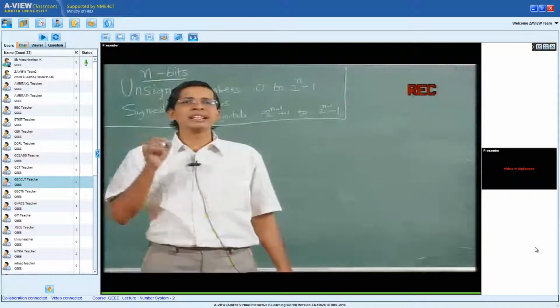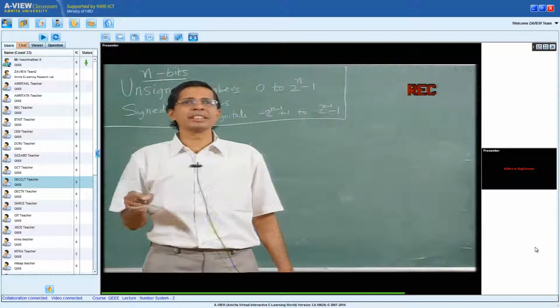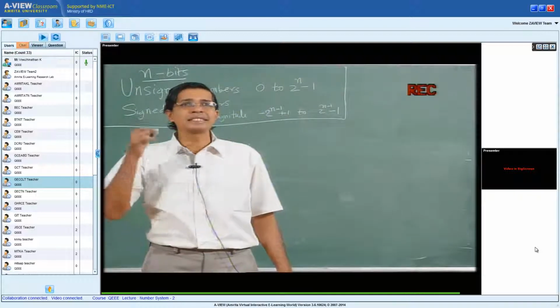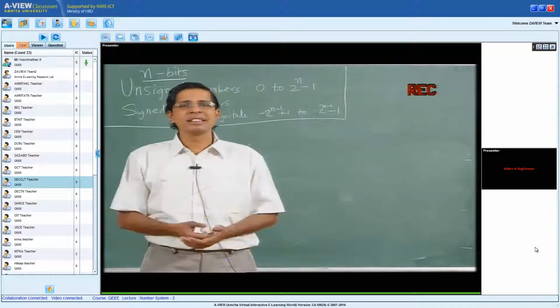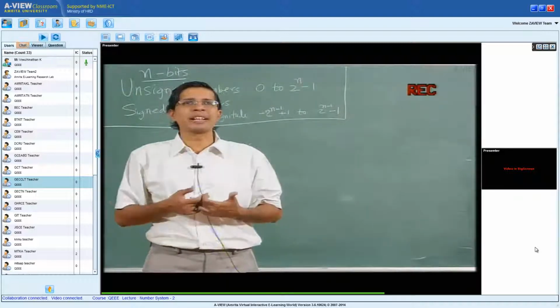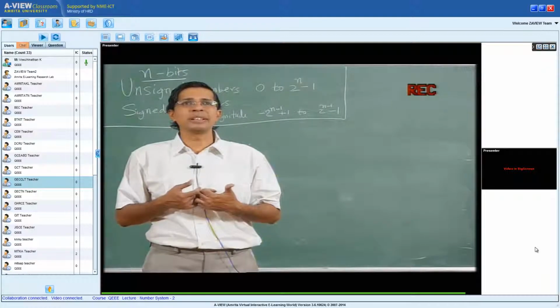That signed addition or subtraction should be modeled as an unsigned addition and given to the adder, and it will give a result which again has to be reinterpreted and the necessary answer should be taken.